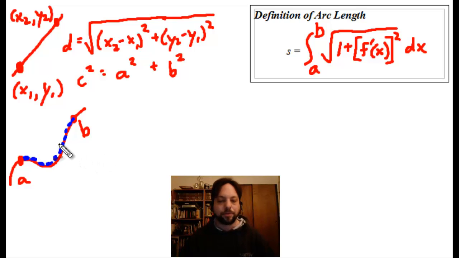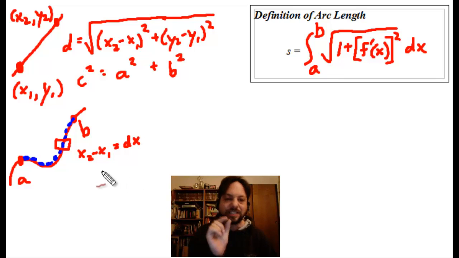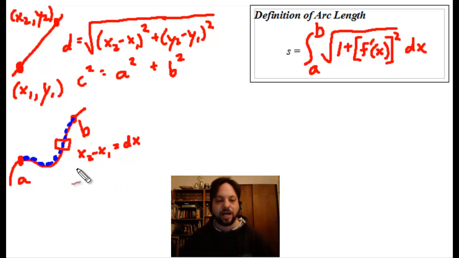Let me take one particular little line segment, this one right here. Let's say that the x2 minus x1 is obviously going to be very, very tiny. Let me just call that dx. It's an infinitesimal change, actually. And then that the y2 minus y1 is also going to be an infinitesimal change in the y direction.